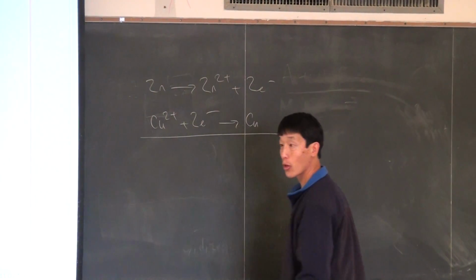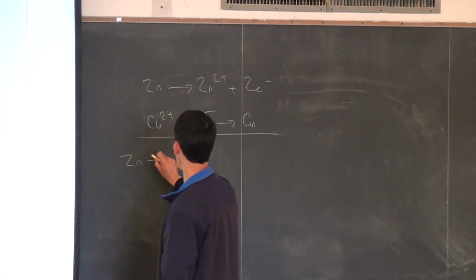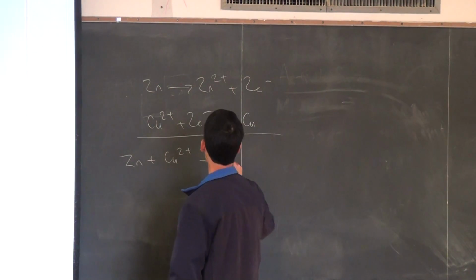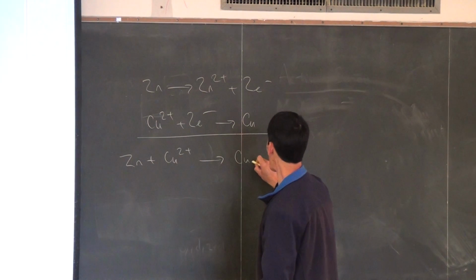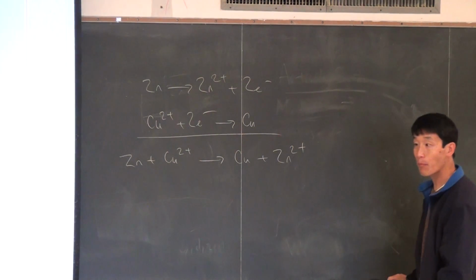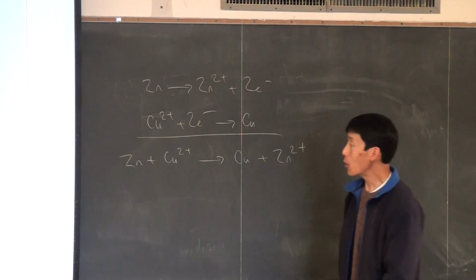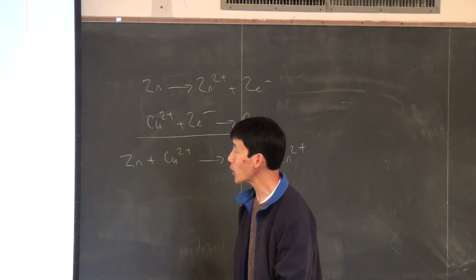We add these two together, and then you get your overall reaction: zinc plus copper 2+ going to copper plus zinc 2+. This was the reaction we just looked at, and you put the zinc and the copper in solution.